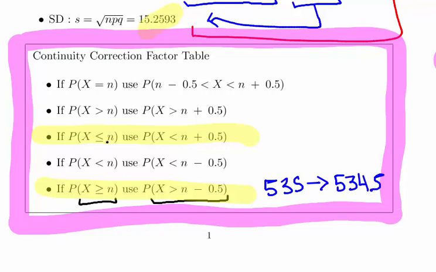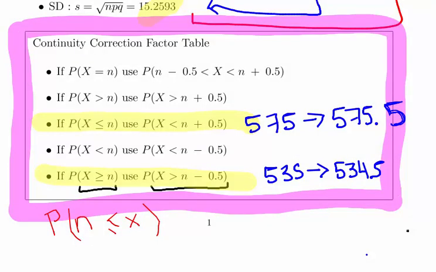And x less than or equal to 575 means 575 becomes 575.5. I paused there for a second because my pen started slipping, but I'm back on track. Something I was going to say is that the probability of x less than or equal to n could be made a little clearer by re-expressing it as follows. That's when we are looking at our interval.